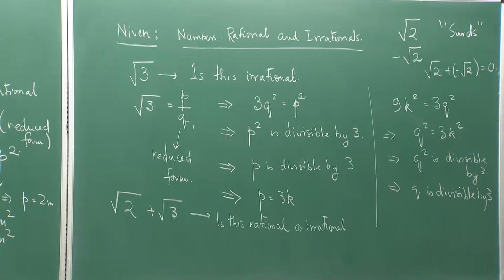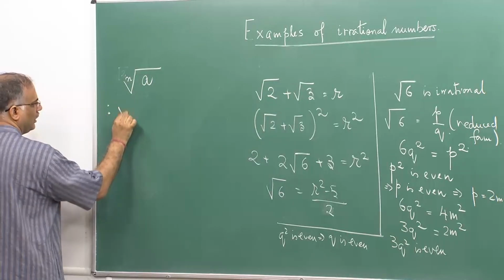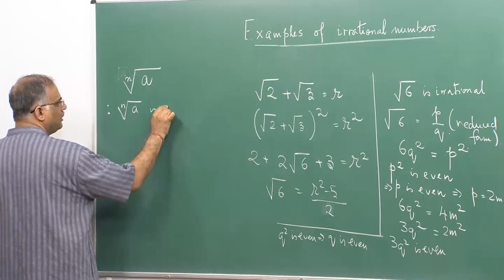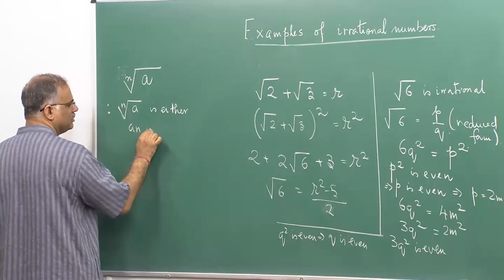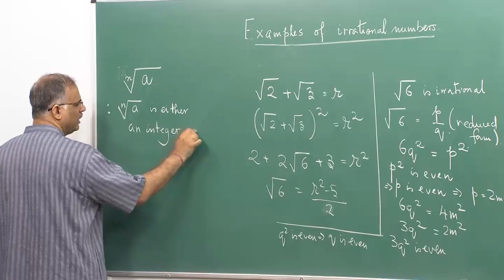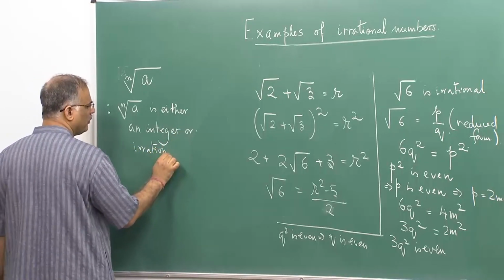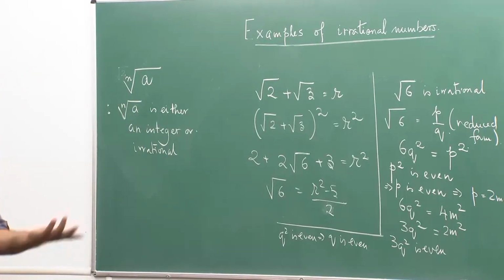The answer is the following: the nth root of a is either an integer or irrational. Of course, a is a positive number, naturally we are not talking about the root of a negative number here.